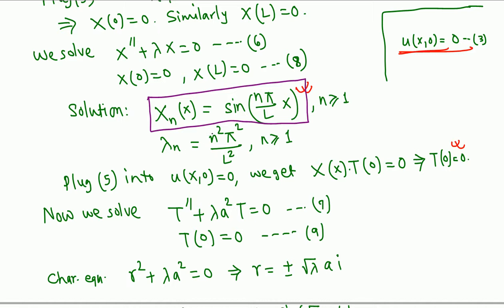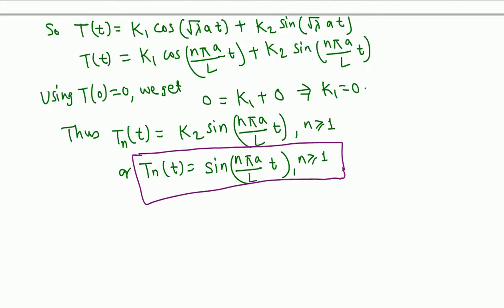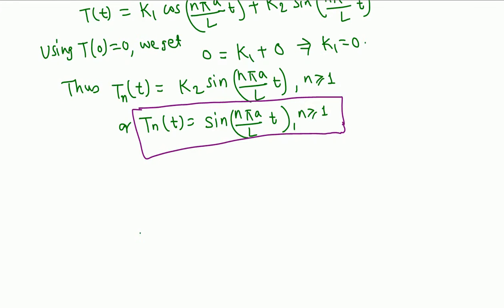Okay, thus we can write down the solutions. Thus u is just the product of X and T, that's equation 5.